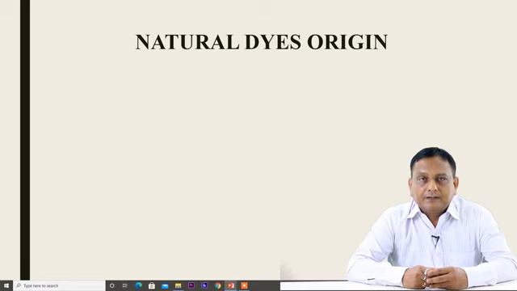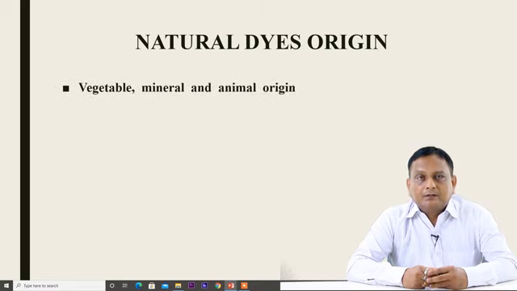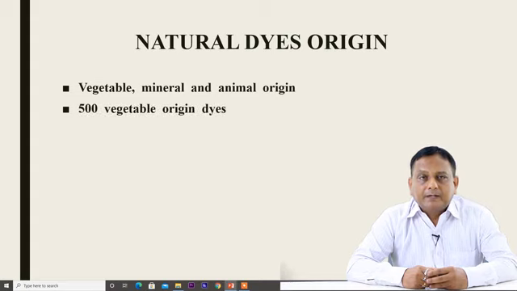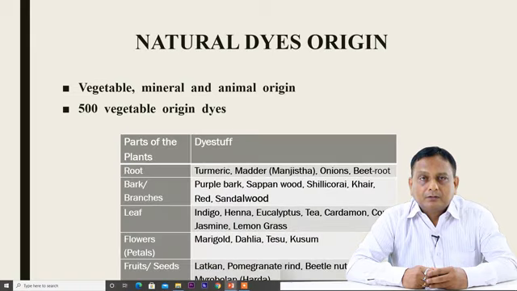And natural dyes, if you see the origin, are of vegetable, mineral and animal origin, and 500 vegetable origin dyes are available in nature to date. As I already told you, in root form turmeric is available.